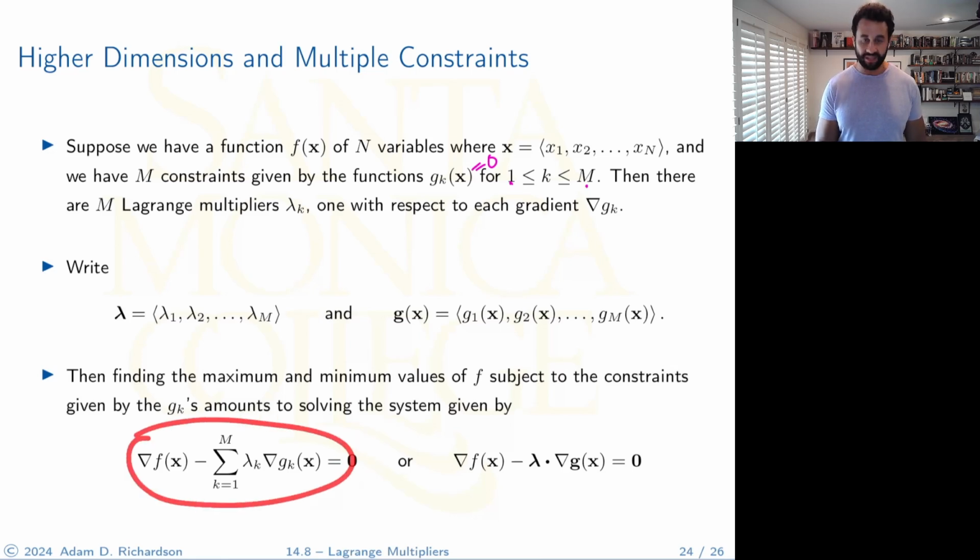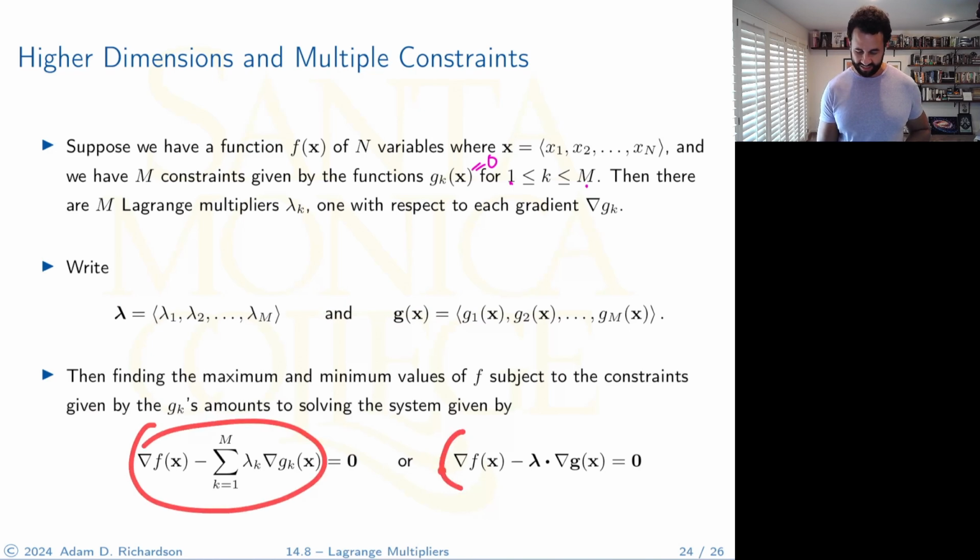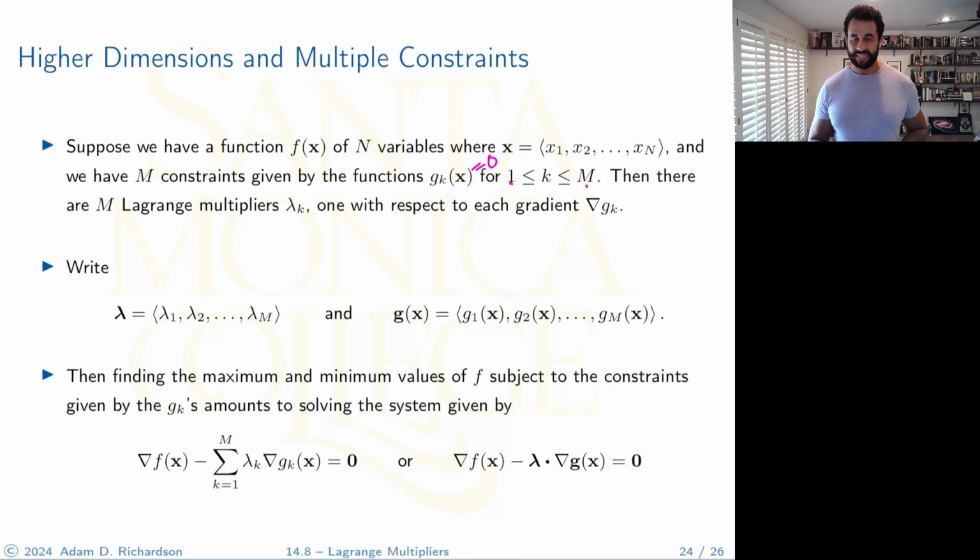So this is giving us a system that we have to solve. But here's where things get so cute. Using the notation we've written here, we can rewrite this as a dot product. This is lambda sub k times this plus lambda sub k times this, and so on until you have m of them.